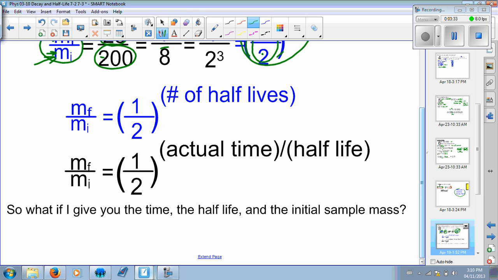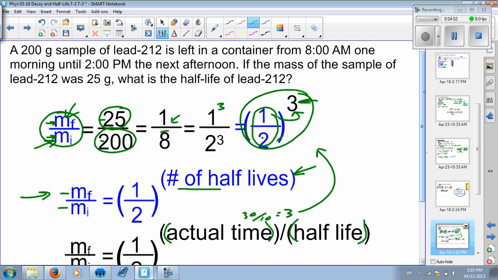The final mass divided by the initial mass is the same as 1/2 to the power of however many half-lives have occurred. Now, to know the number of half-lives that have occurred, there are two numbers that make that up: the actual elapsed time, above that was 30 hours, and the half-life, which we worked out to be 10. So 30 over 10 equaled 3, and that took us back to what we had up here.